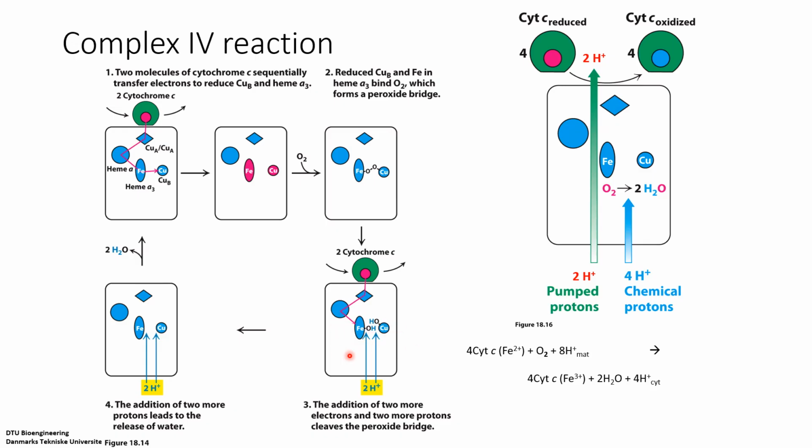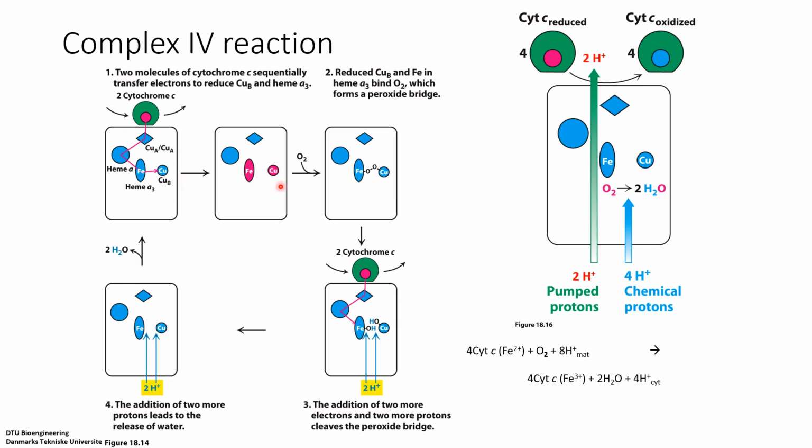Those are pretty unstable, and in the next step, these will be cleaved off and pull in another 2 protons from the matrix and establish 2 water molecules. So by cleaving the oxygen bond here, we are back to where we started, and we can go in another circle again.